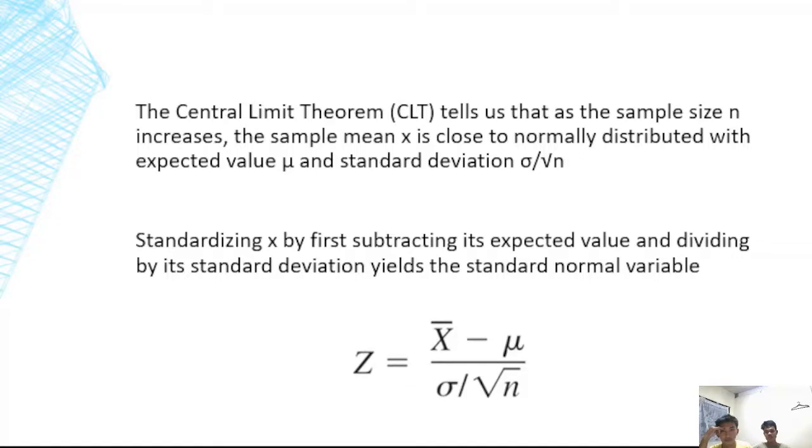Standardizing x bar, first subtracting its expected value and dividing by its standard deviation, yields the standard normal distribution. So here is the formula of the CLT, or central limit theorem.